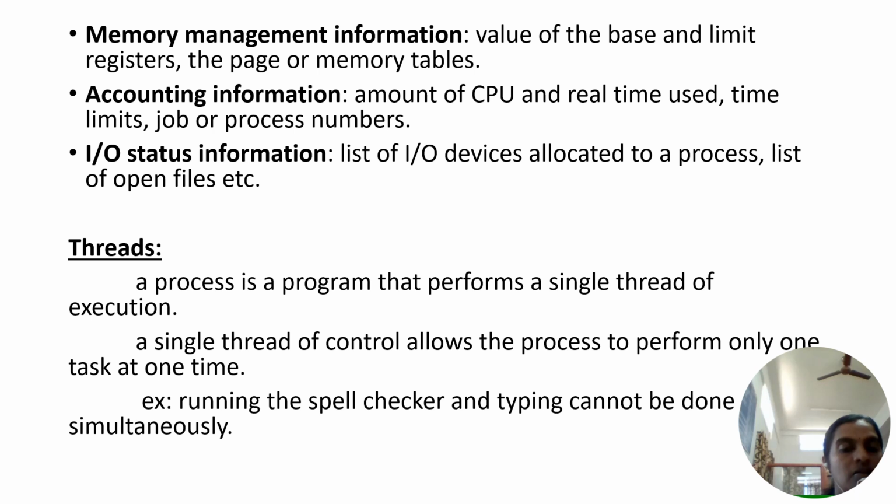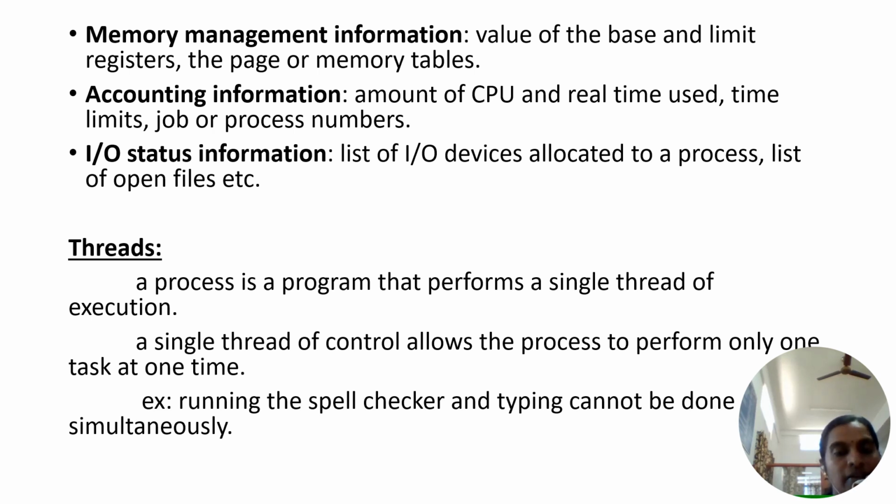It also consists of the input-output status information, which is a list of input-output devices allocated to a process and a list of open files, etc. So all this is included in the process control block. A process control block gives us all this information about a particular process.